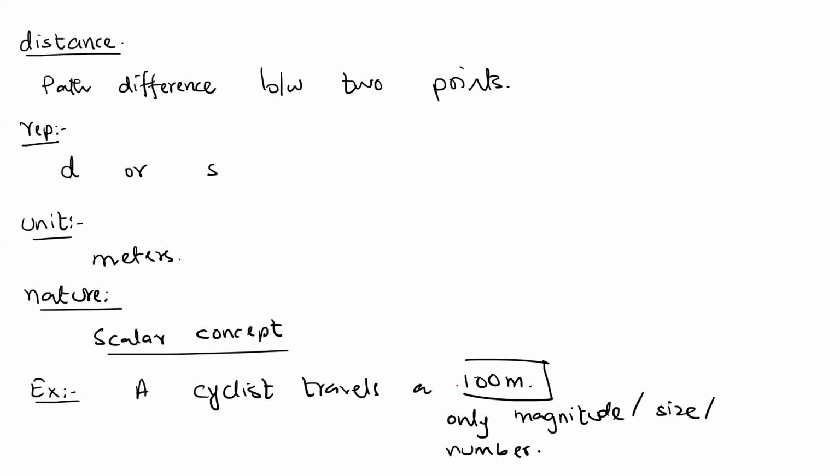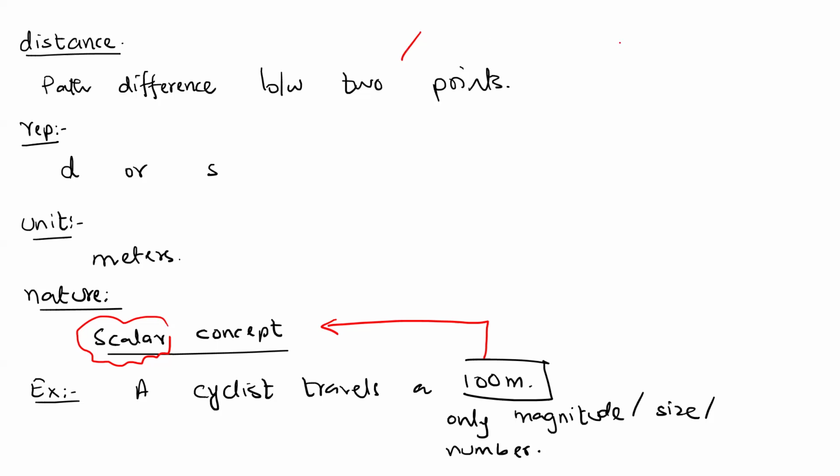We don't have any idea where he's going. It is only 100 meters. So there is no clue about direction. So this makes this a scalar concept. All such quantities which don't specify any direction, which don't need any direction to be completely understood, they are scalars.